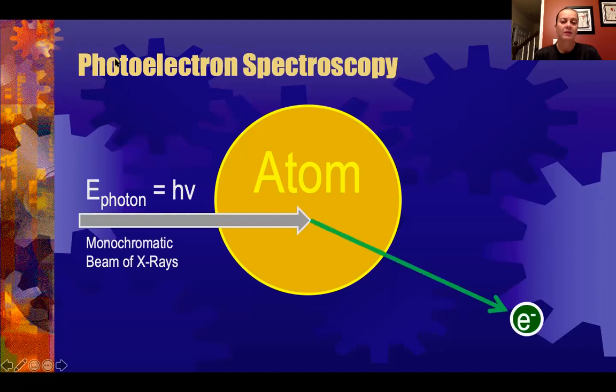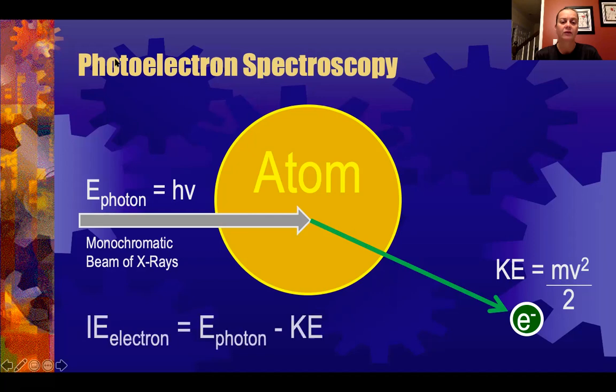And when that happens, it knocks electrons off of the atom. And those electrons have a particular energy. In this case, it's kinetic energy because they're moving. And we know that their energy is equal to mass times velocity squared divided by 2. And that's just our formula for kinetic energy.